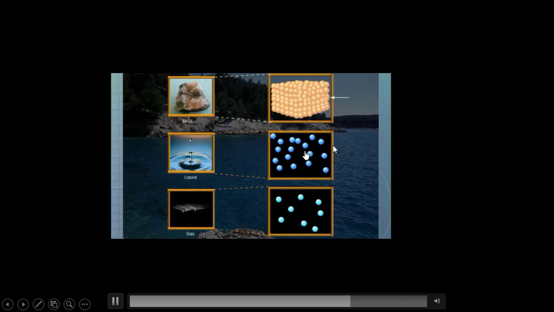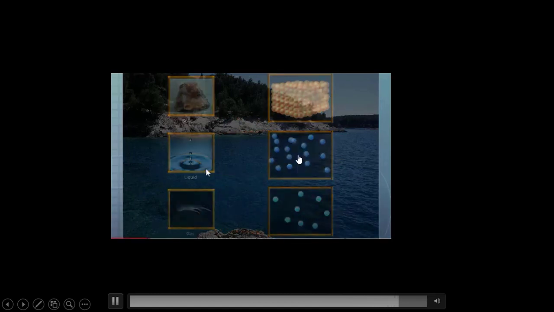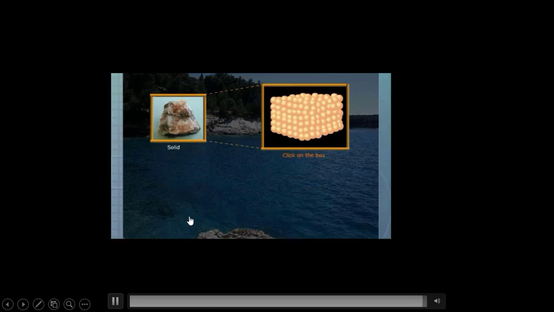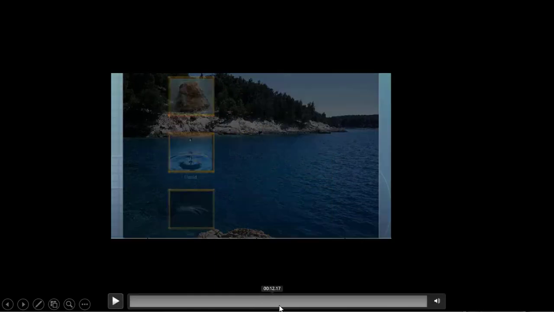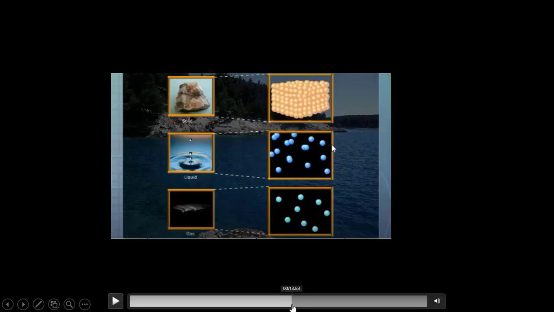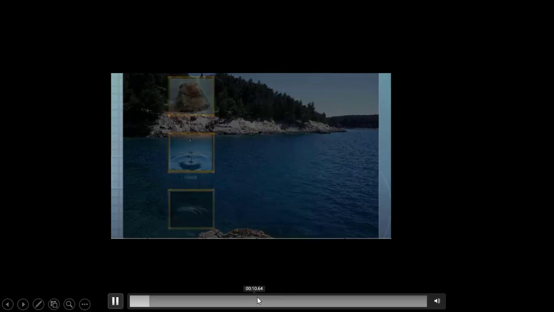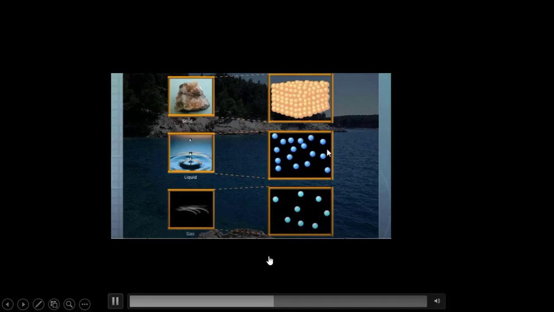You can see how those particles are not as closely fixed as those of the solid. Check those ones for gases. The last one, you can see that's a gas. They are scattered very far away from each other.